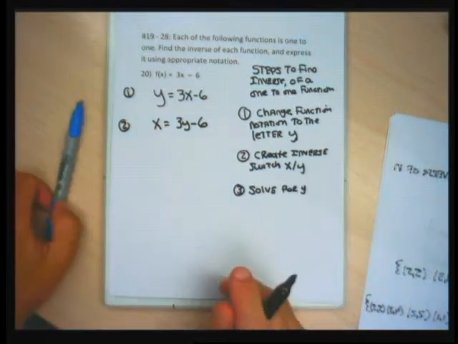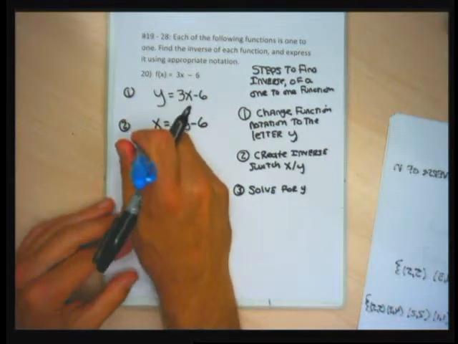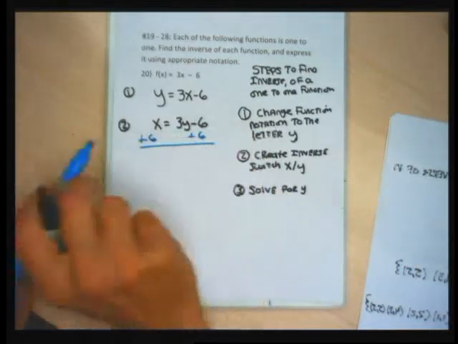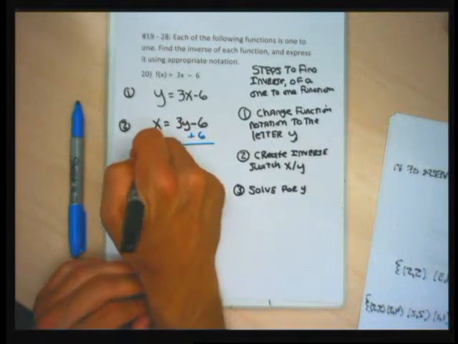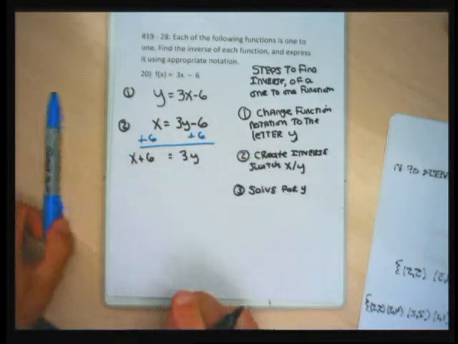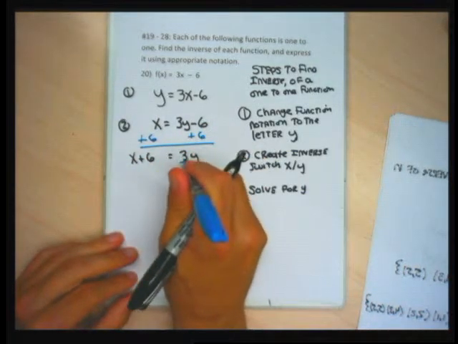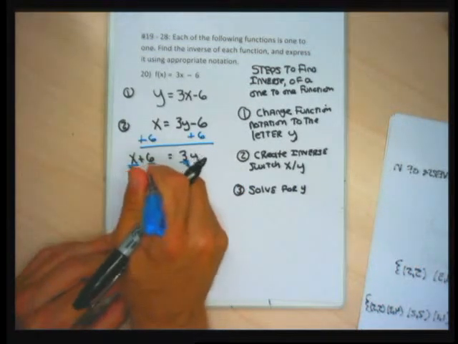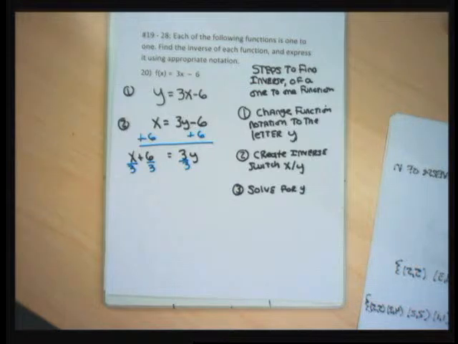So I'm going to add 6 and divide by 3. When I add 6, I get x plus 6 on the left side, 3y on the right side, and then I'm going to divide everything by 3, in a way that I think will make fewer mistakes.